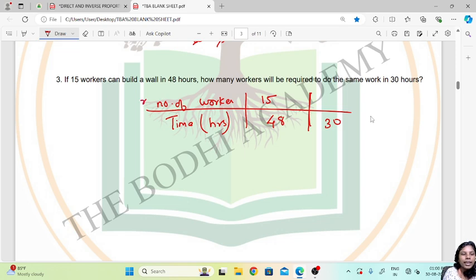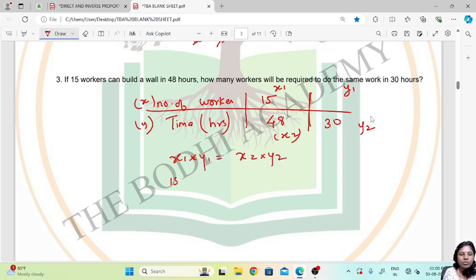So now this is x, this is y, with x1, x2, y1 and y2. Again x1 into y1 equals x2 into y2.